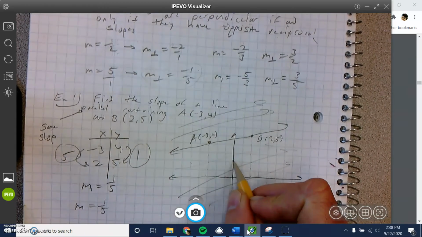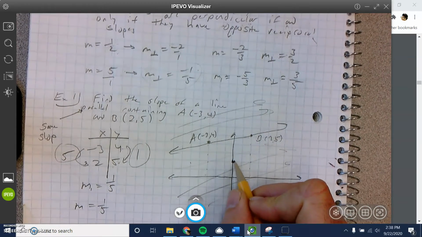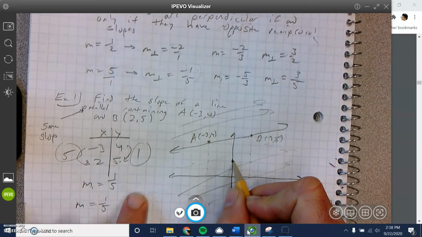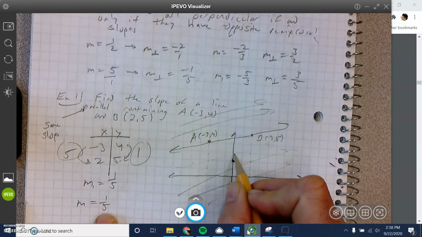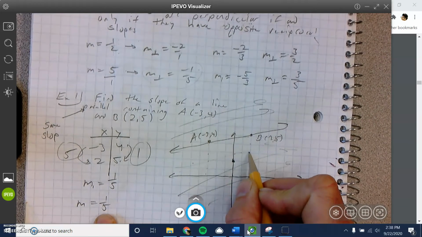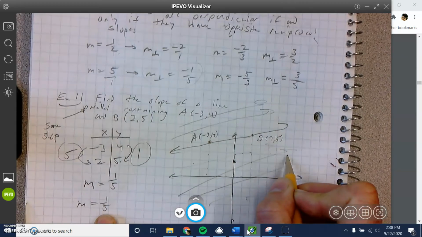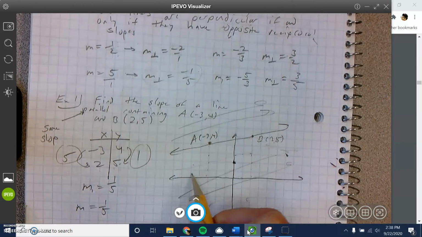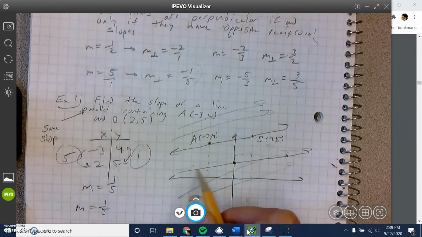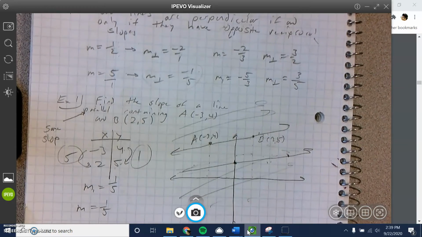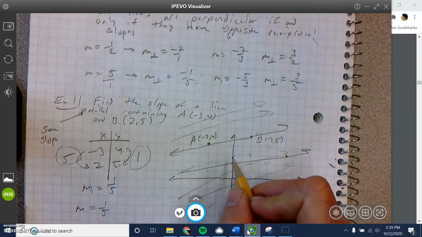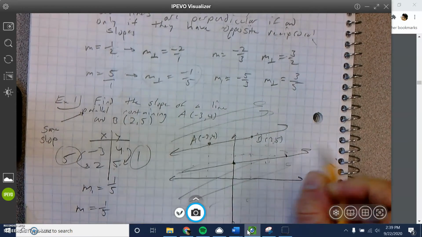So if you start here at 0, 2, for example, a parallel slope would be 1, 5. So up 1, right 5. 1, 2, 3, 4, 5. So if I connect these, oh, look, it's parallel. Never touching. There you go. Same slope. So up 1, 1, 2, 3, 4. Oh, I went 1.